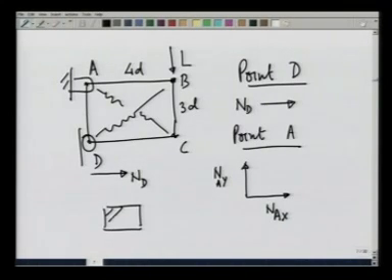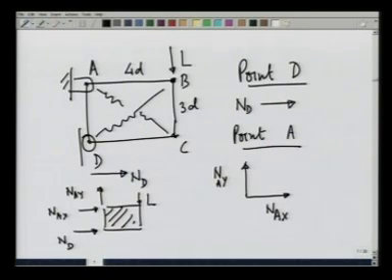So, on the entire system, if I make a free body diagram, there is a load L, there is a reaction here N d, there is a reaction here in the vertical direction N a y, and there is a reaction here in the horizontal direction N a x. Since there are only 3 external forces N d, N a x and N a y, these can be determined very easily. It is a 2-dimensional problem.